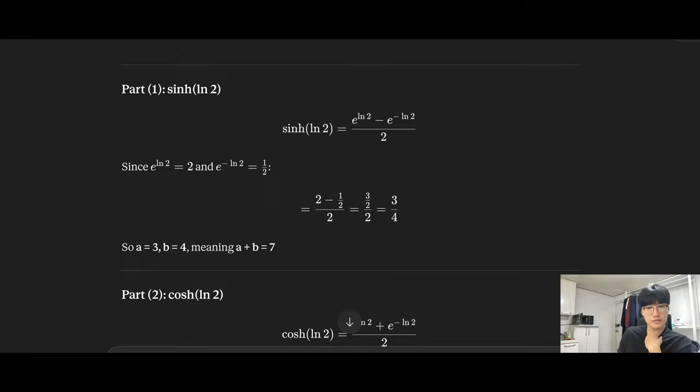Right? Yeah, so 2 minus 1/2, that is 1.5 over 2, which is equal to 4 minus 2... which makes it 3/2 over 2, so 3/4.